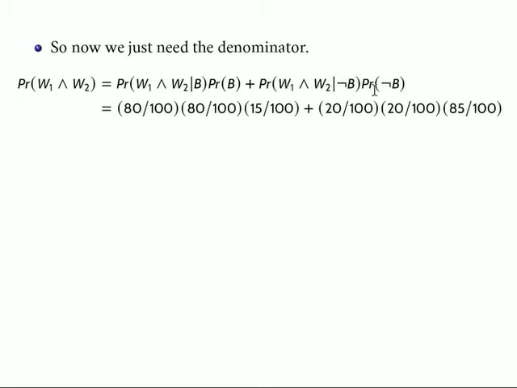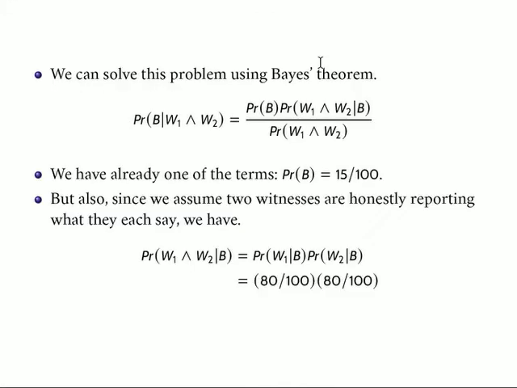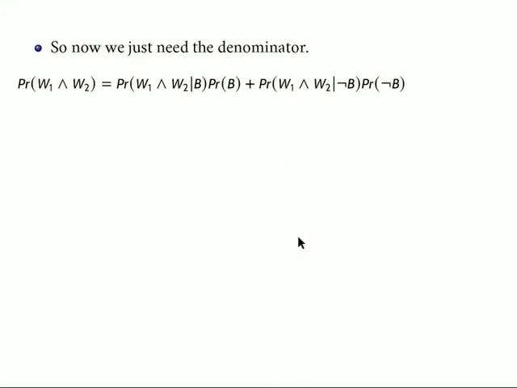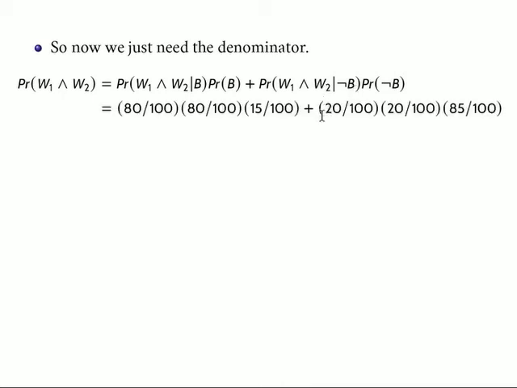And from the question, since we're assuming that the witnesses are independent, given the facts, we can reduce this conditional probability to the probability of W1 given not B times the probability of W2 given not B, which we know from the question is 20 over 100 times 20 over 100.